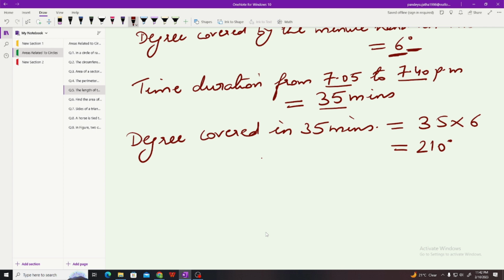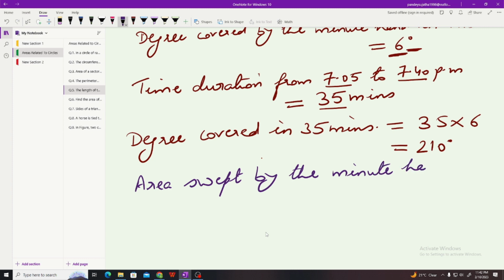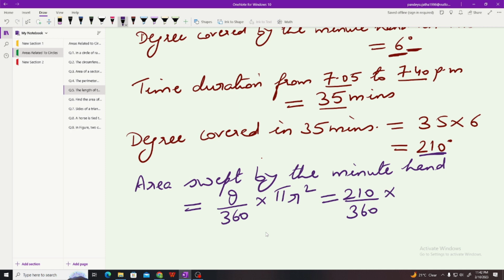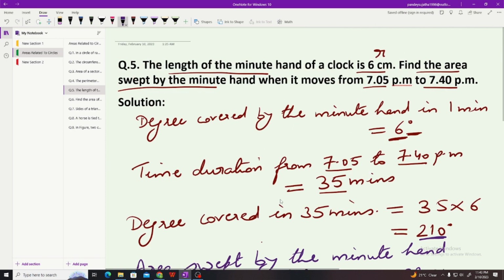So since we need to find the area swept by the minute hand, ultimately we need to find here area of sector, that is theta upon 360 into pi r square, where theta is 210 upon 360 into 22 upon 7, and radius is the length of the minute hand, which is given here as 6 centimeter.